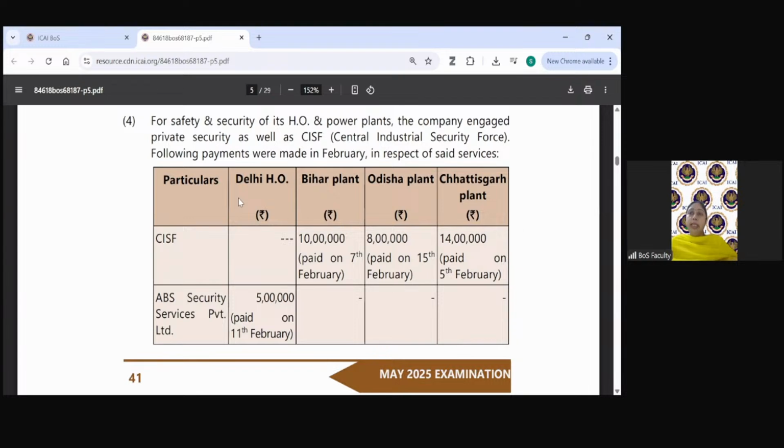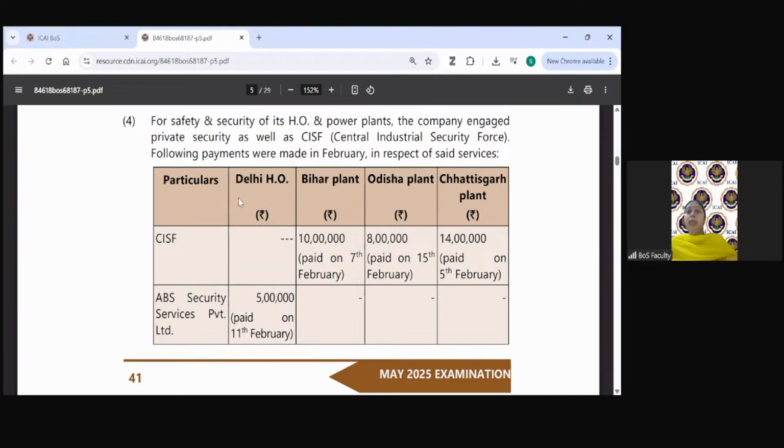So to CISF, Delhi HO has not taken any services, but the 3 power plants have taken services from CISF, and the amounts have been given to you, as well as you have been given the date on which these amounts have been paid. So all the 3 amounts have been paid in the month of February itself. Bihar, Odisha and Chhattisgarh plant has paid 10 lakh, 8 lakhs and 14 lakhs amount respectively.